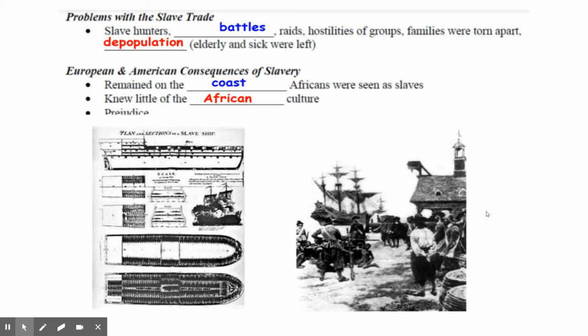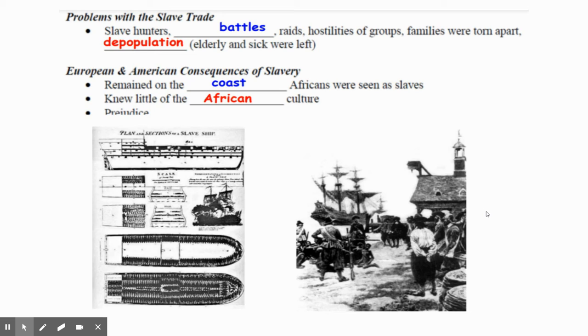But at the same time, many Europeans and Americans really know very little about African culture and saw these people as being, for the most part, subservient to themselves. And that has created a problem. It's bred prejudice. And this is something that we're still dealing with in this day and age. If you go back and look at the contributions of many African cultures, you'll find that Europeans benefited from that.